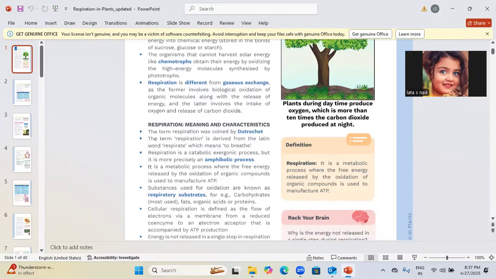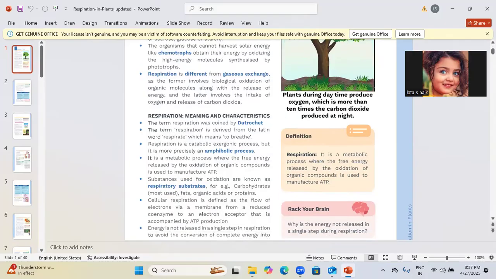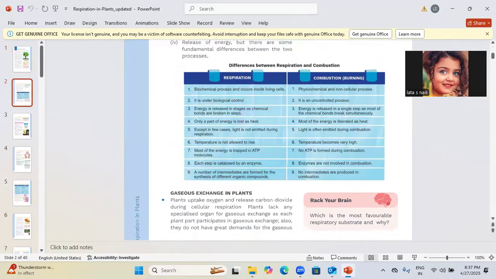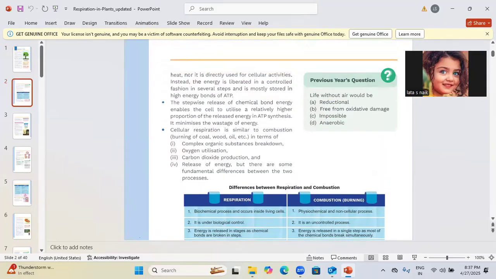Cellular respiration is defined as the flow of electrons via membrane from the reduced coenzyme to electron acceptor, that is accompanied by ATP production. Now, energy is not released in a single step in respiration, to avoid conversion of complete energy into heat.